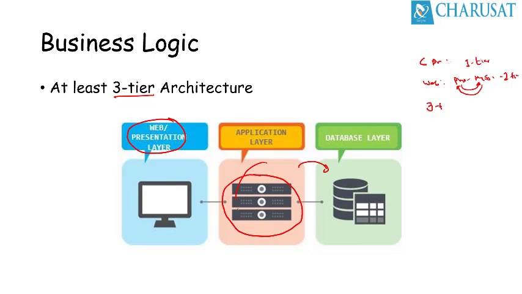So query formulation and retrieval will be taken care of by the application layer, while the presentation layer just engages in showing data and submitting to the application layer as a single object. So that is the 3-tier architecture. It is expected that students try to develop all projects under the 3-tier architecture.